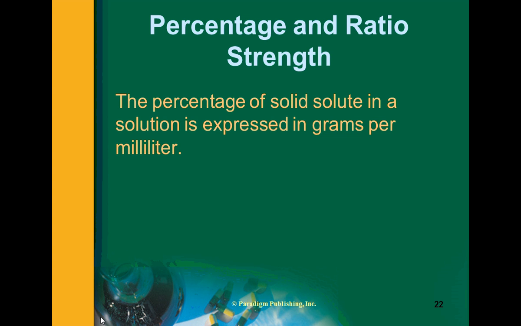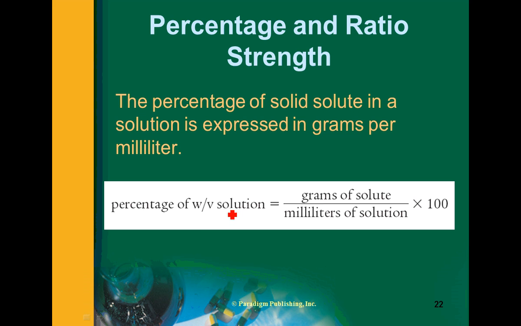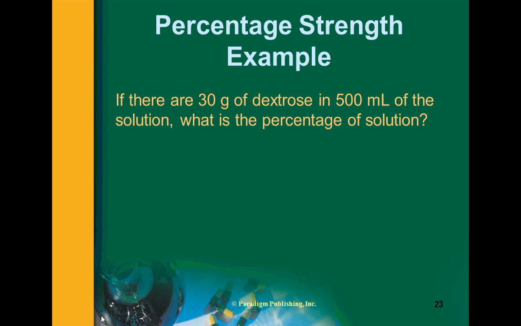So the percentage of solid solute in a solution is expressed in grams per milliliter. For your percentage of weight and volume solution, you have grams of solute over milliliters of solution times 100. So in this example, if there are 30 grams of dextrose in 500 milliliters of solution, what is the percentage of the solution?